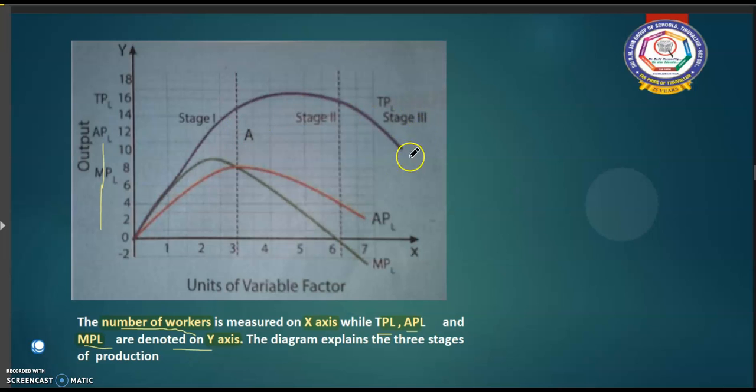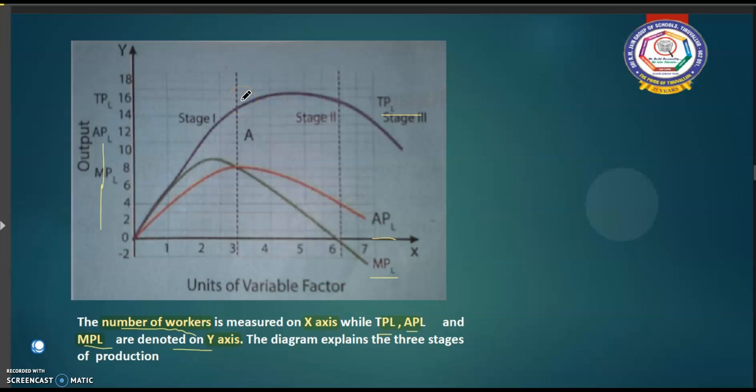Here you can see 3 curves, that is marginal product labor curve, APL average product labor, and TPL total product labor. So if we take stage 1, here total product curve, it initially increases at an increasing rate and then increases at a decreasing rate.